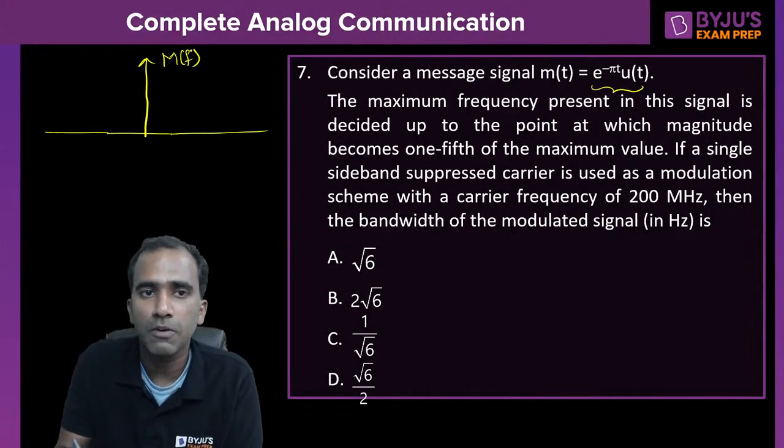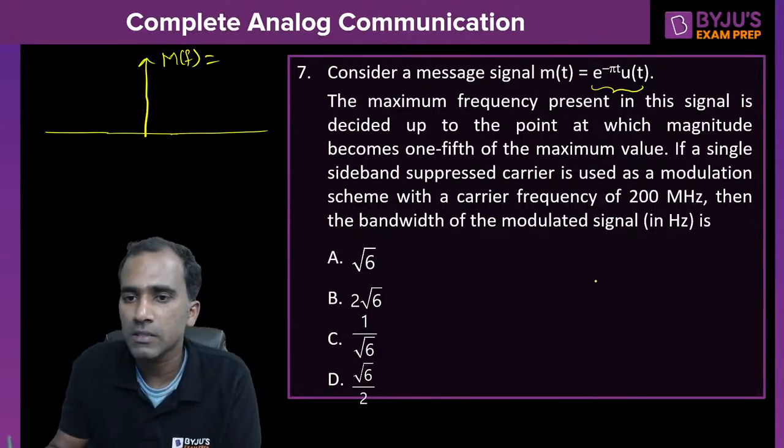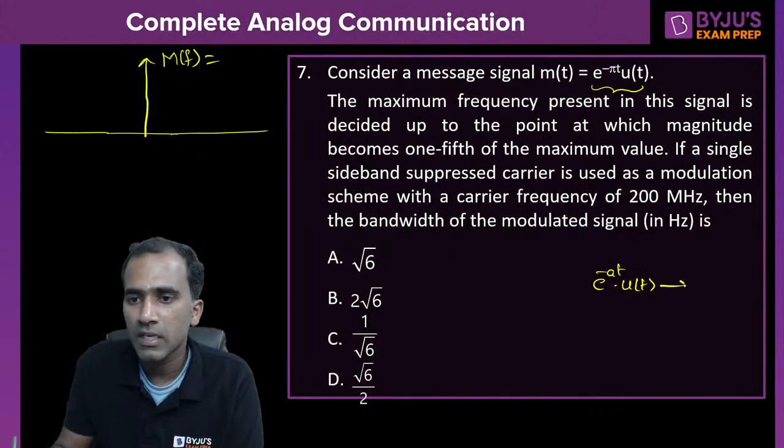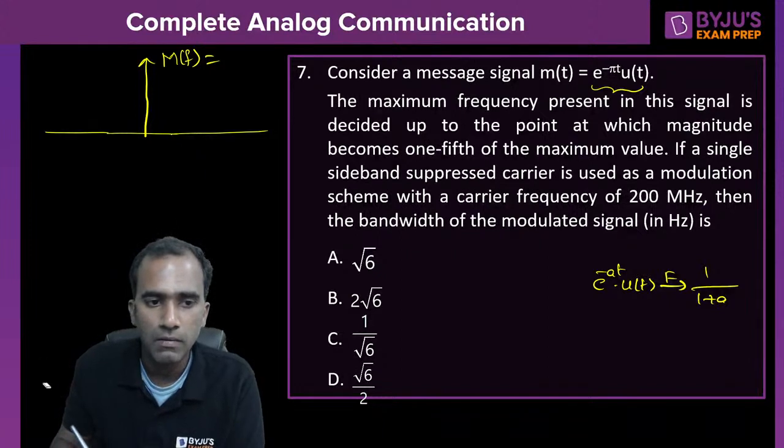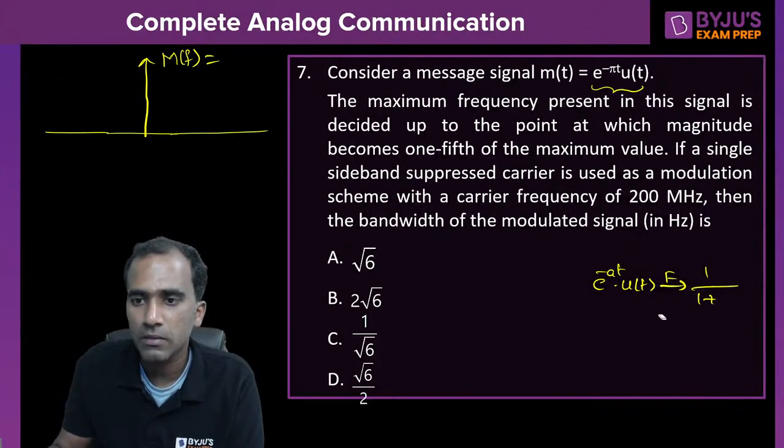So the Fourier transform of m of t is m of f. The message is in the form e power minus at into u of t. For a signal of this form, the Fourier transform is 1 by a plus j omega.